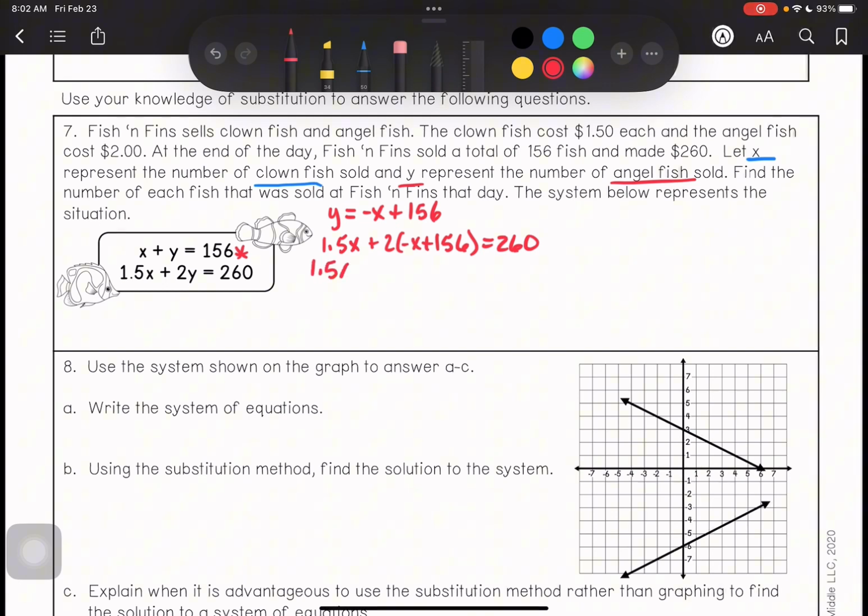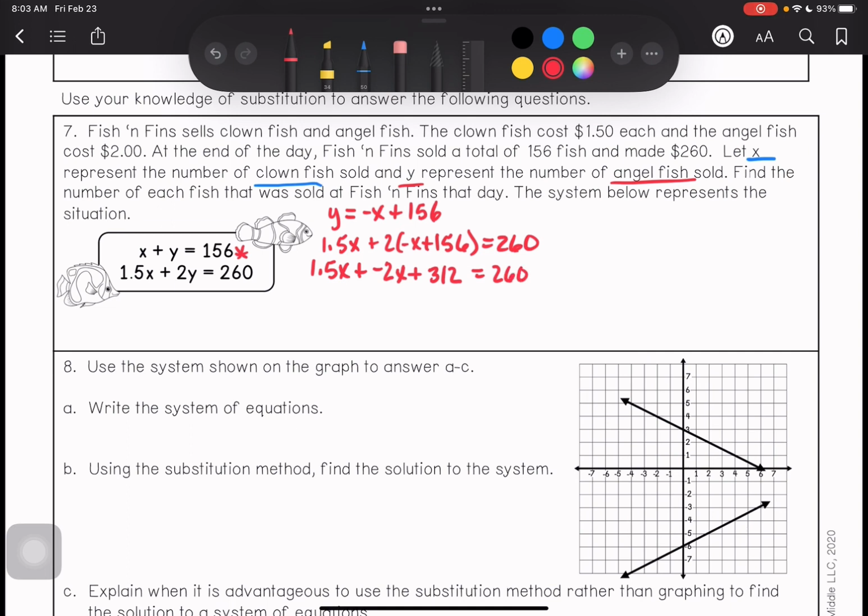This gives me 1 5/10 x plus, I'm going to use distributive property, so it gives me negative 2x plus 312 equals 260.